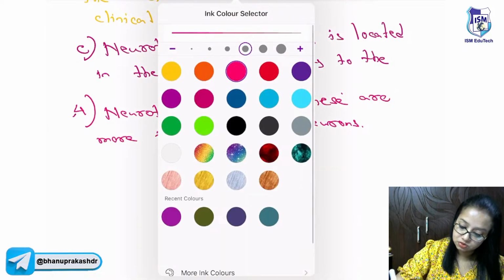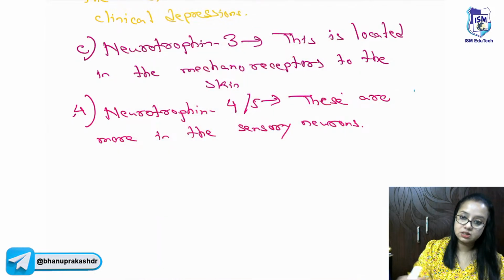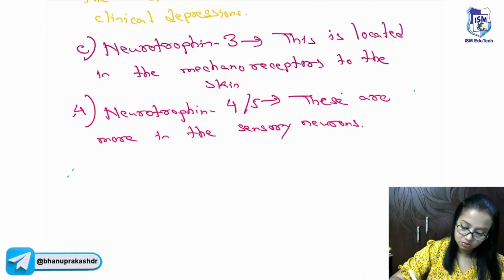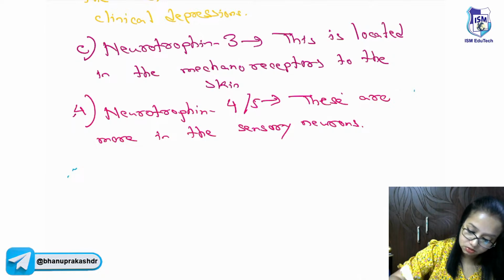Okay, these are more in the sensory neurons. They are needed for the survival and the growth of the sensory neurons more.